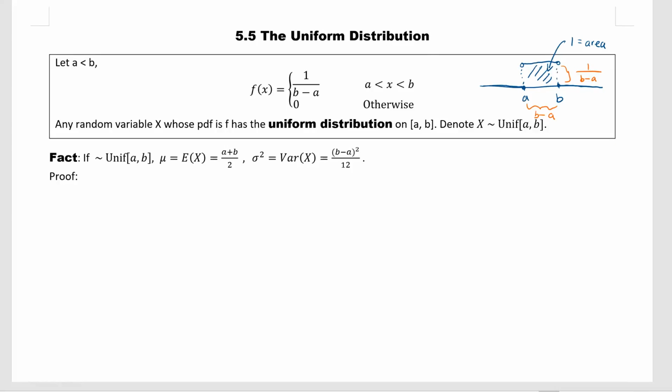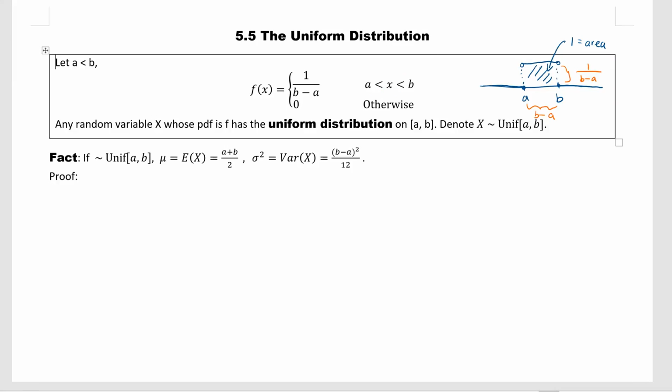Some of you might ask, okay, what happens if we put an endpoint there? Well, it's okay. Remember, for a continuous random variable, the endpoint doesn't matter. So if you put equal here, it will be the same, still uniform distribution. That's why sometimes some textbooks use the definition with less than or equal here.